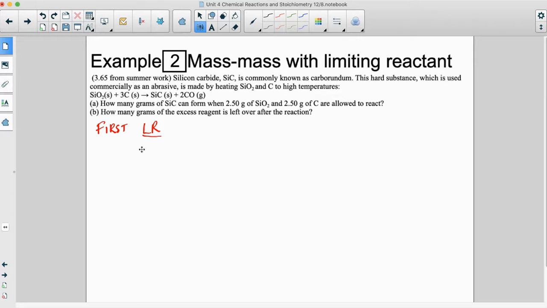Okay, so to do this, I have to go through moles again. So I'm going to take my 2.50 grams of SiO2. I'm going to change it into moles by dividing by the molar mass, which is 60.09.